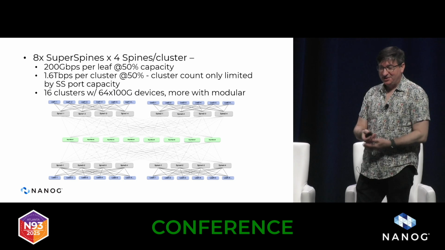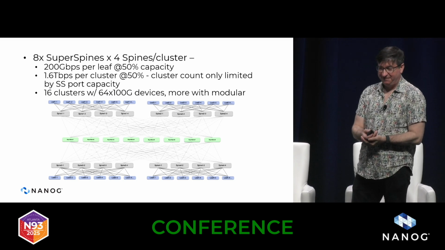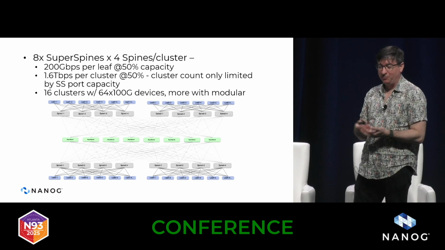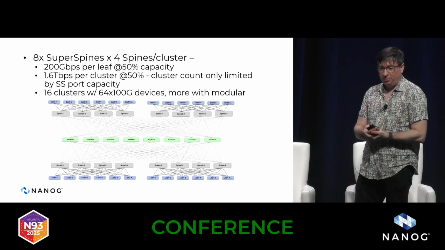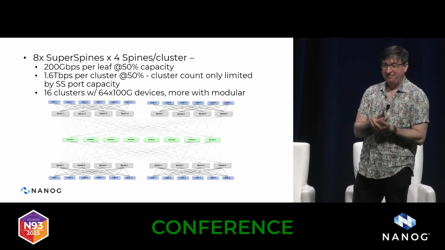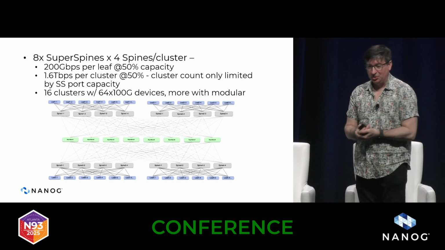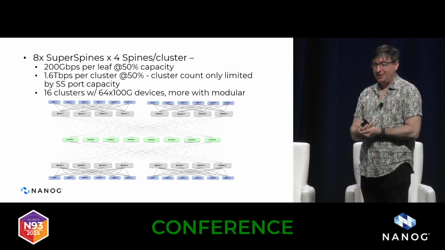So with this design, we now have 200 gigabits per leaf at 50% capacity, but that could be 75% capacity if we're doing 8-way instead of 4-way in the cluster. You've got 1.6 TB per cluster at that 50% redundancy rate. And at this point, your cluster count is only limited by the super spine port capacity.